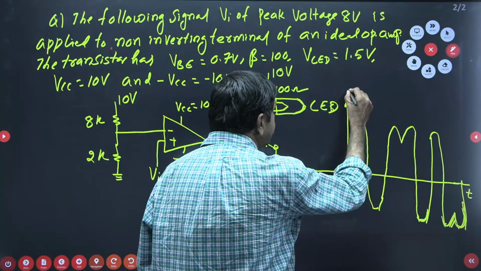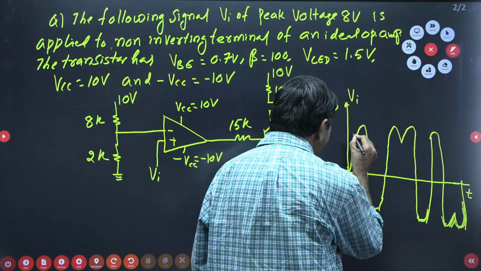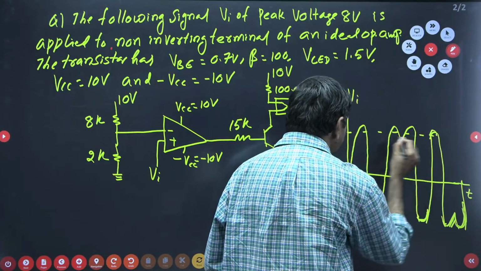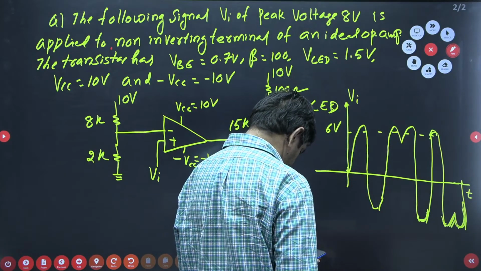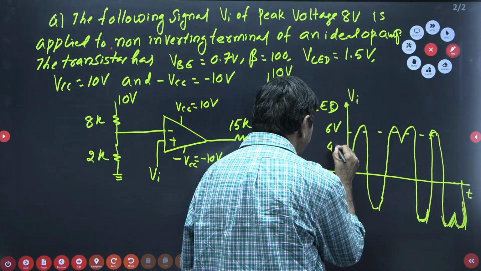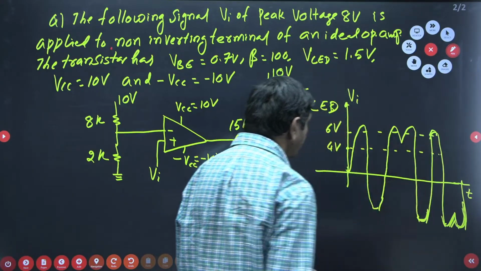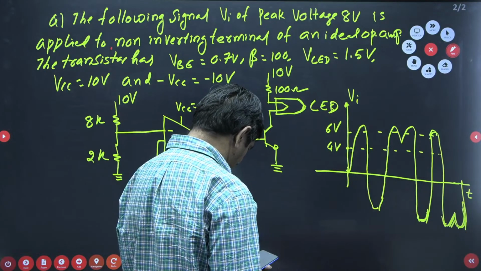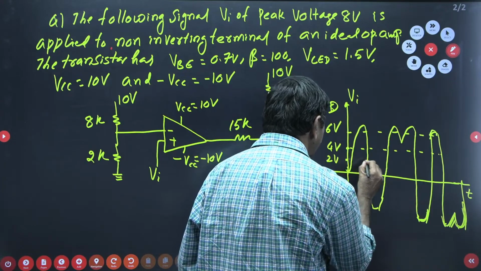This is VI, given here. This is 6 volts. The next one is 4 volts. This is 4 volts. And also minus 2 volts is given here. This is 2 volts.